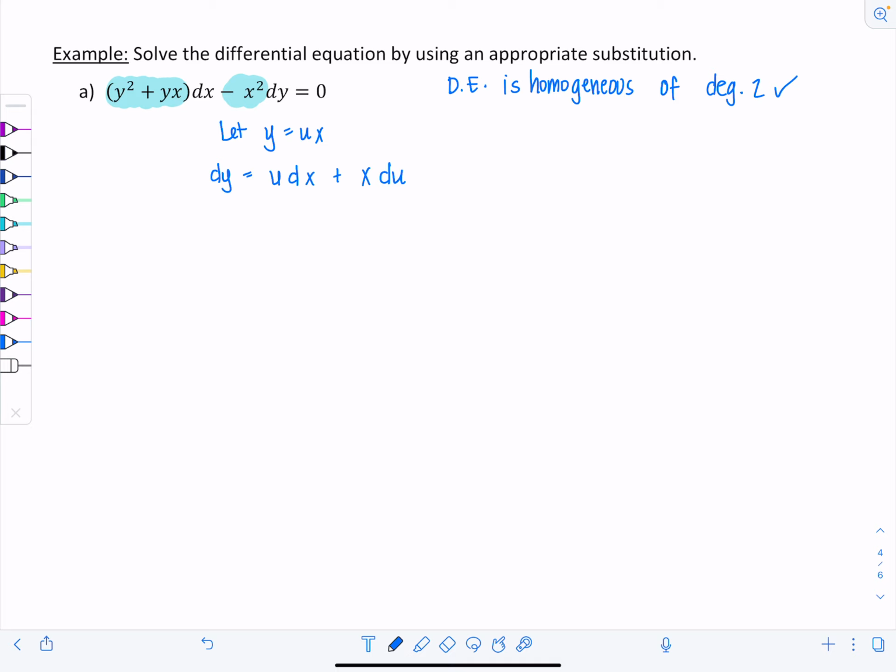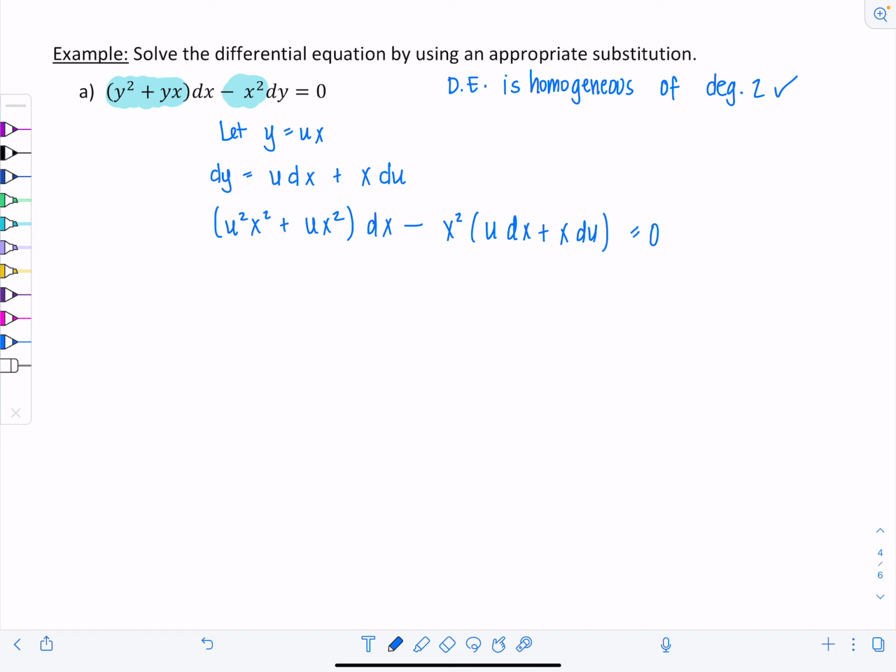So instead of y squared, I'm going to have u squared x squared plus, I'm replacing y with ux and then times another x, so that's going to be ux squared dx minus x squared, and then instead of dy, remember we're replacing it with u dx plus x du. And this all is equal to 0.